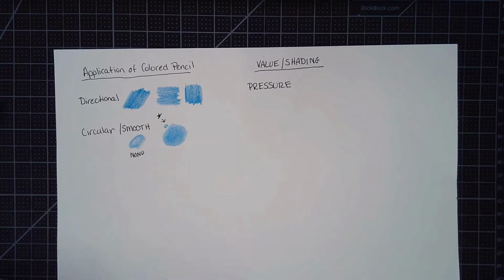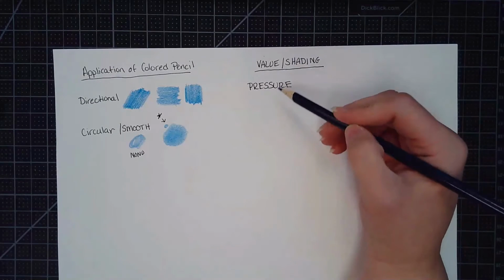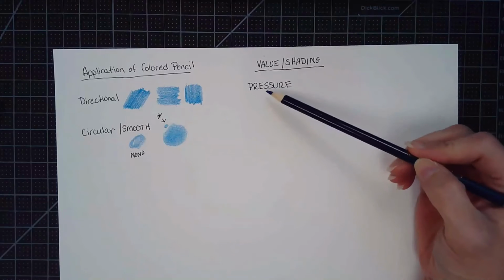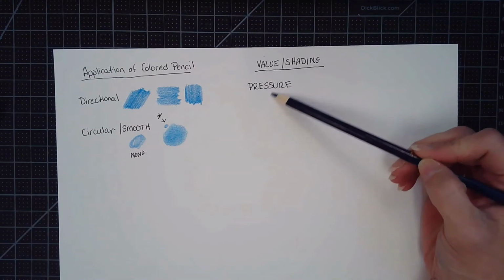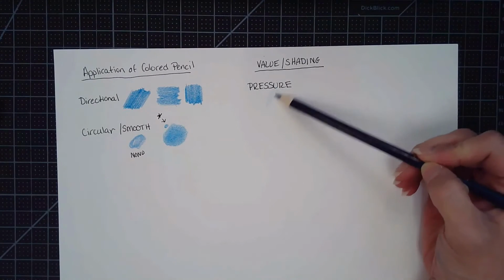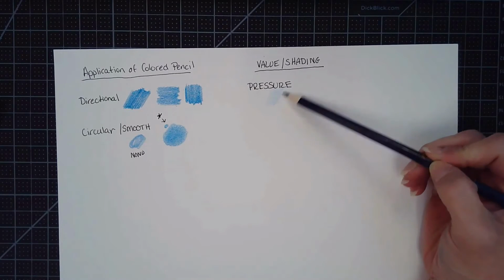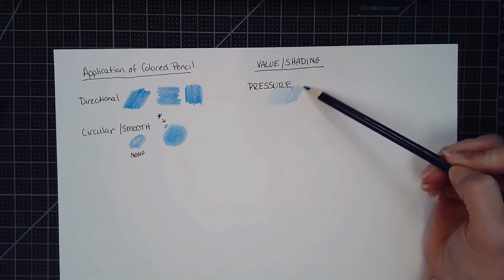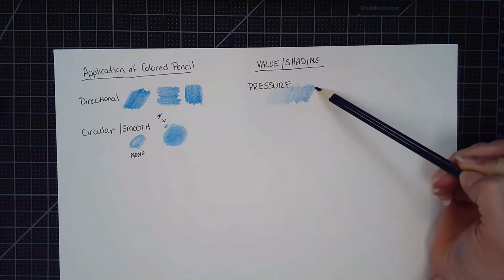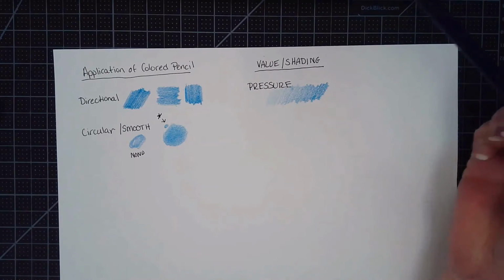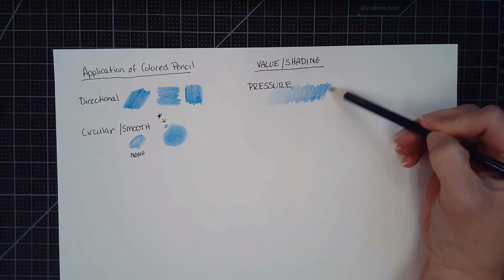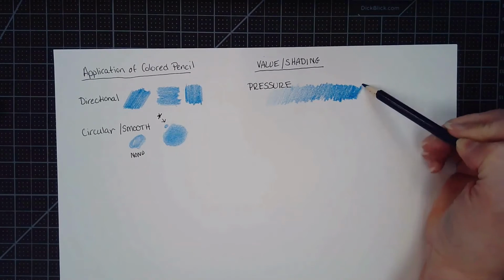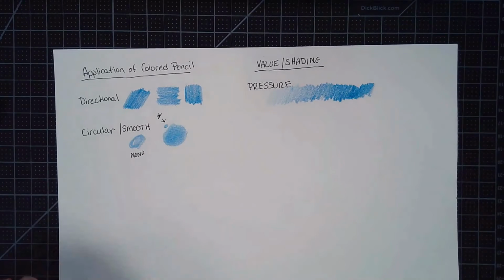So again, to do this quickly, I'm going to use the directional shading technique. As we already practiced in our sketchbook before, if I apply very little pressure to my pencil point, and as I move across my paper, I increase that pressure, and increase it, and increase it, pressing harder onto the tip of my pencil, I can create value.